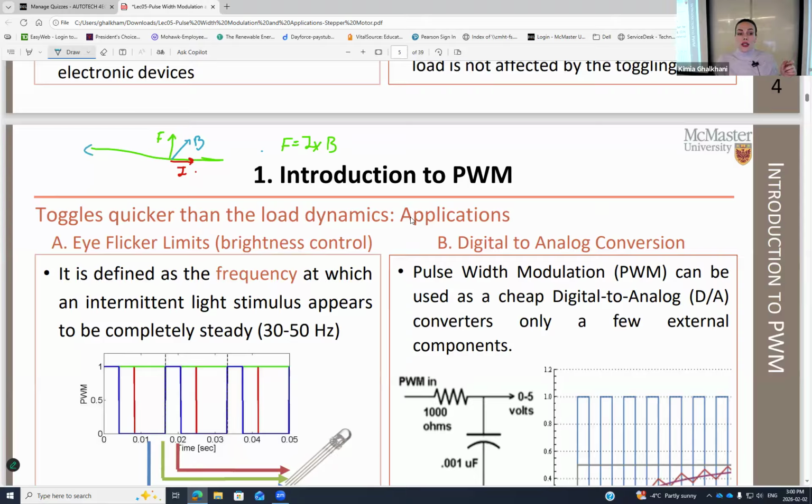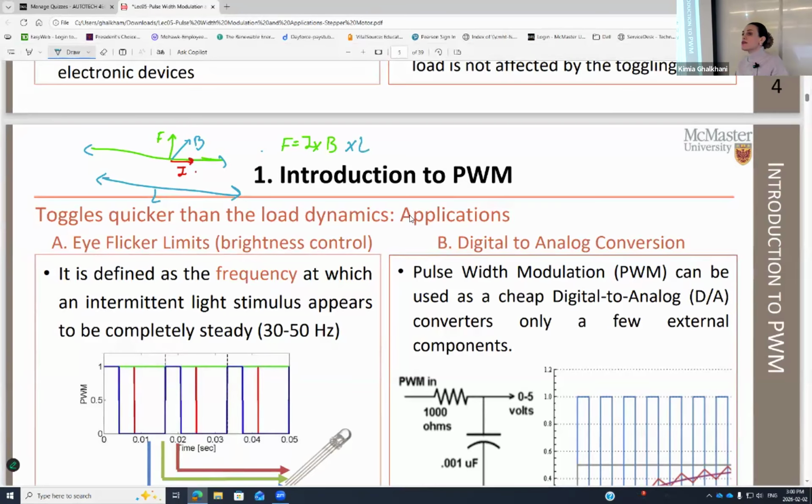In case you wanted to consider the length of this wire as, suppose, L, you can also include the L, which is the length of the wire. This is one of the basic equations in electrical engineering to calculate the force applied to a wire.